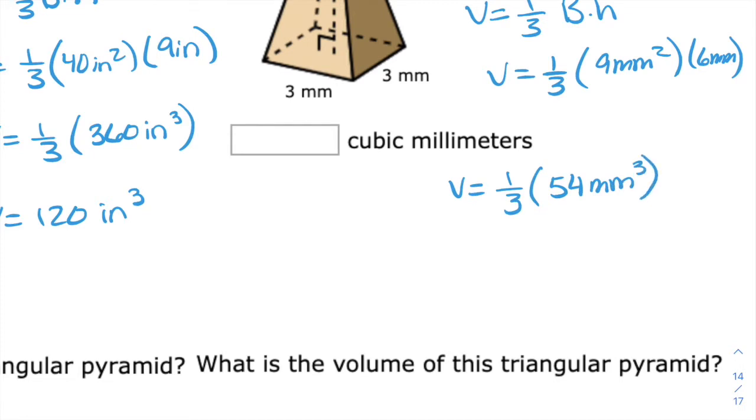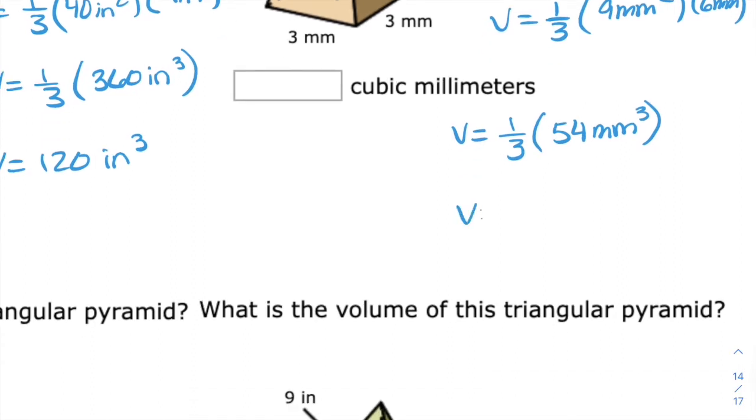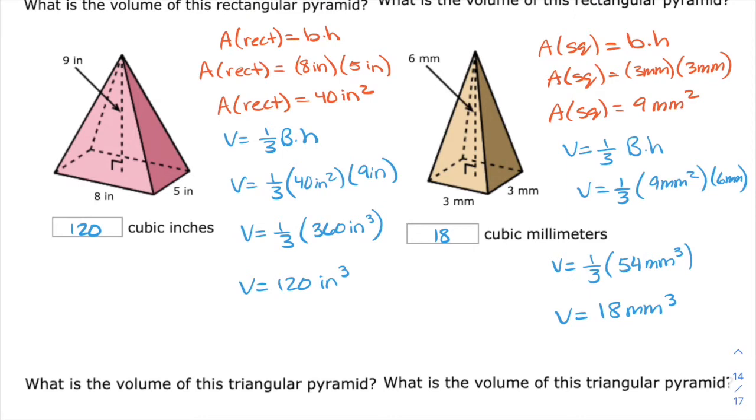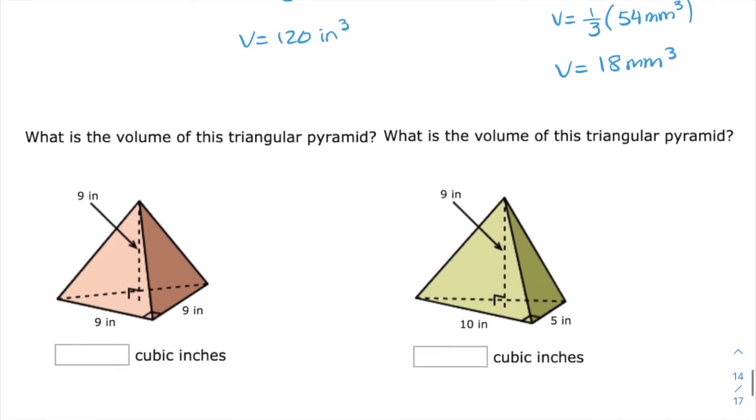Okay. And 54 divided by 3 is 18. Volume is 18 millimeters cubed. Okay. So 3 times 3 times 6 divided by 3, I'm just checking my work real quick. Yep, 18. Okay. What is the volume of a triangular pyramid?